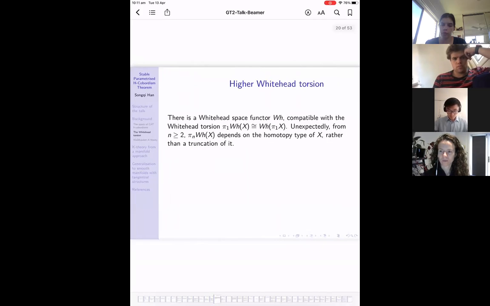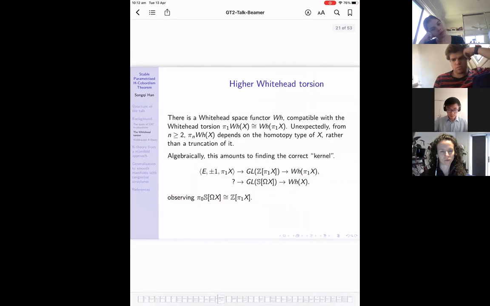In fact, there is a Whitehead space functor WH, which is compatible with the classical definition of Whitehead torsion we've seen before, in the following sense: the fundamental group of the Whitehead space is isomorphic to the Whitehead group of the fundamental group of X. However, unexpectedly, for n greater than or equal to 2, the higher homotopy groups of the Whitehead space depend on the entire homotopy type of X rather than just the n-truncation of X.